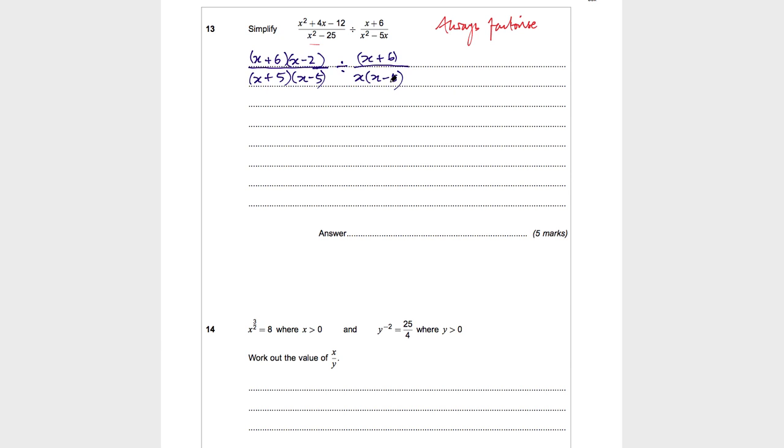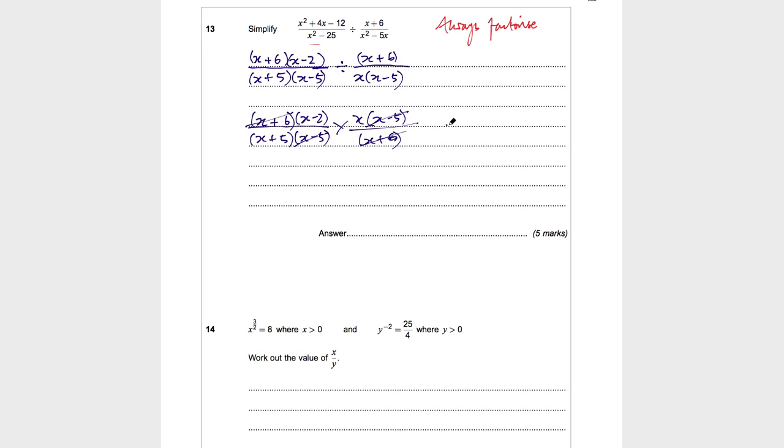I can't do anything with them at the moment, but once I turn it into a multiplication by flipping the second fraction, because that's how we deal with fractions when we're dividing, times by x over x minus 5, flip that second fraction, x plus 6. I can now cancel those and cancel these as well. Cancel the x minus 5s, cancel the x plus 6.